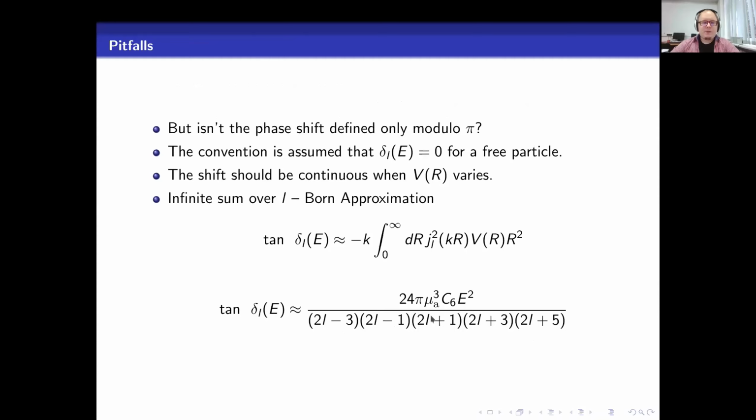There are obviously several pitfalls. For example, the phase shift generally is defined only modulo pi. So for our calculations, we need to assume some convention of scaling it. We assume that the shift is 0 for a free particle, and when we propagate, we make sure that the shift is continuous when the potential changes during propagation.